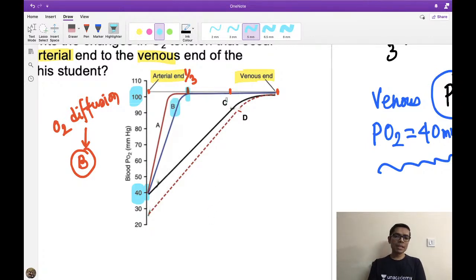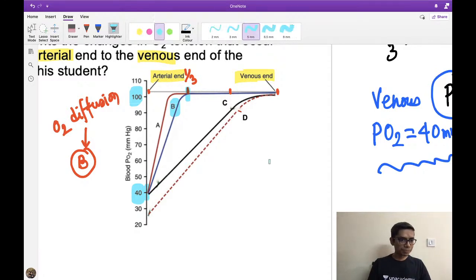Now I'm asking you, what about this C curve? What do you think? A similar kind of oxygen diffusion, yes, from 40 to 100, correct, everybody correct. Now think of this curve C. You can understand from this C curve that here the transit time has been reduced.